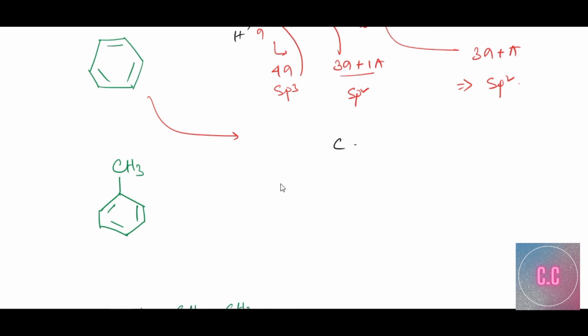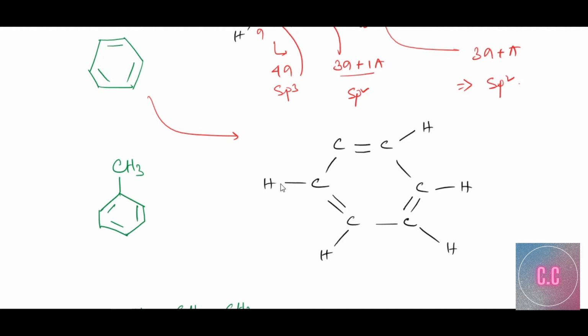Now see, for benzene, most of the students get confused whenever we talk about the hybridization of benzene. If we draw the structure of benzene in simple carbon atom form, we can see that here is a double bond, and here, and the third is here. Each carbon of benzene contains one hydrogen atom, and all are similar.